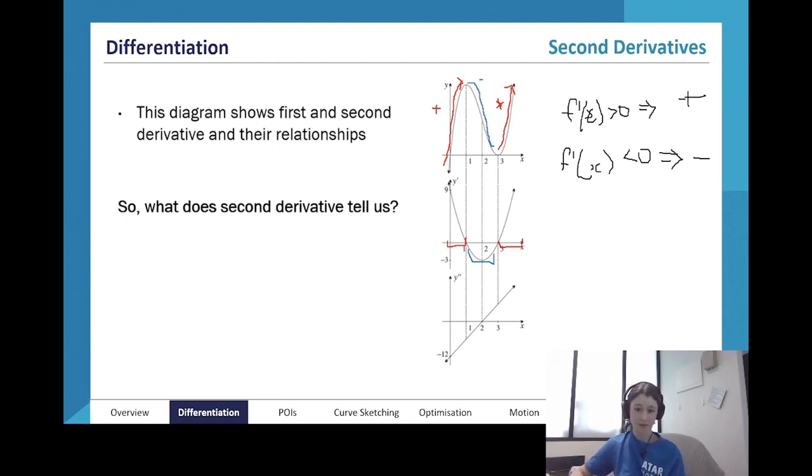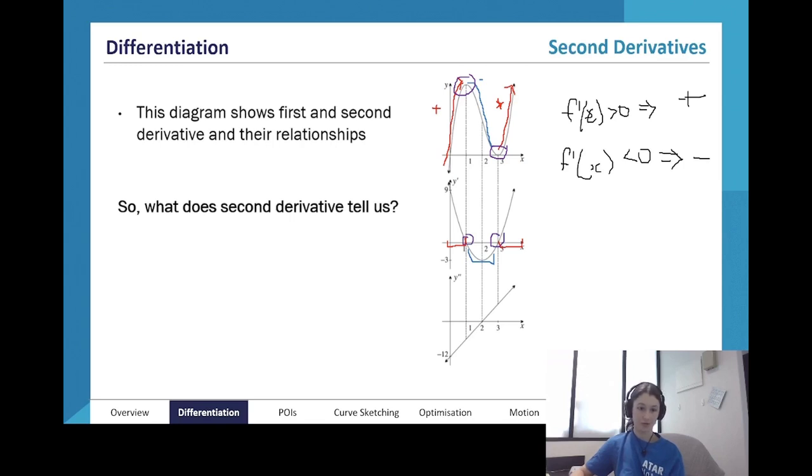The other thing that I would like to point out to you guys is that we have these two stationary points here and here. So this is when the curve is kind of turning around. It has these two turning points. And corresponding to the x value of these two turning points, we have an intercept of this derivative curve with the x-axis.